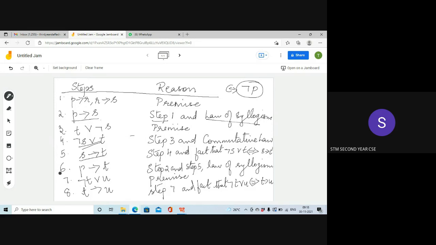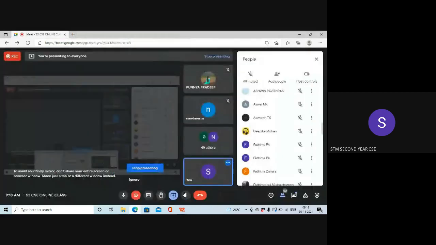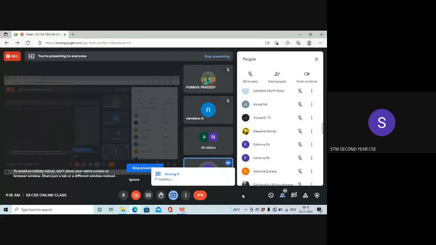Now from step 6 and step 8, what can you conclude? P implies T, T implies U. If P implies T and T implies U, which law can be applied?